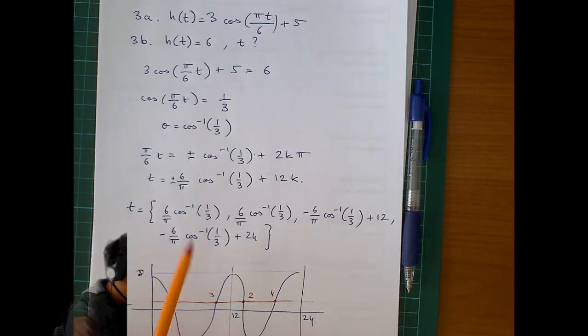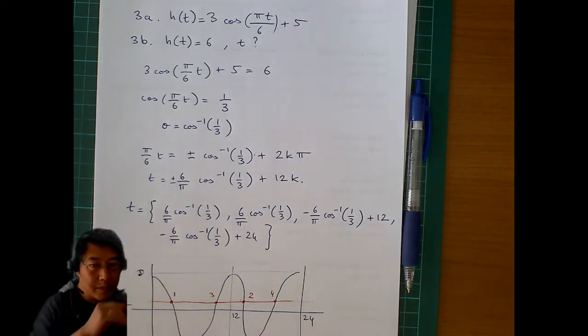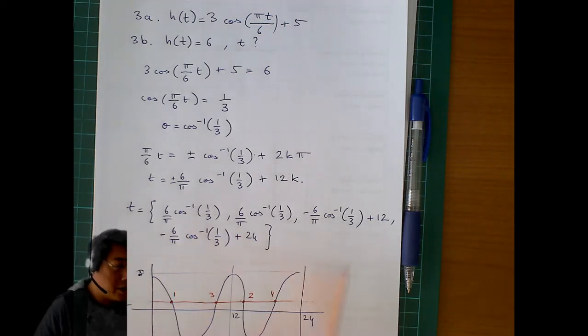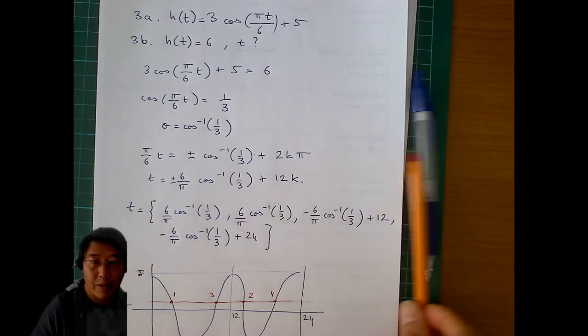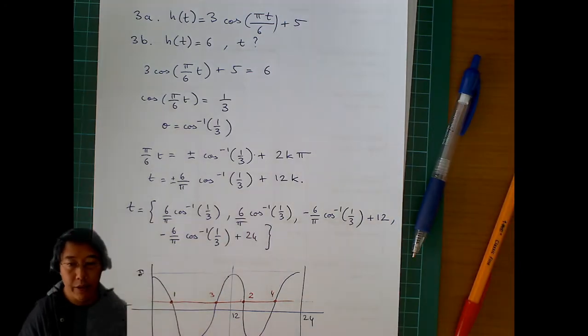I have first here, second 12 hours later, the negative plus 12 is the third here, and the negative plus the 24 is over here. So it's on the same side of the slope. Okay? And obviously you need to use a CAS to get the approximate times, or the numerical answers.